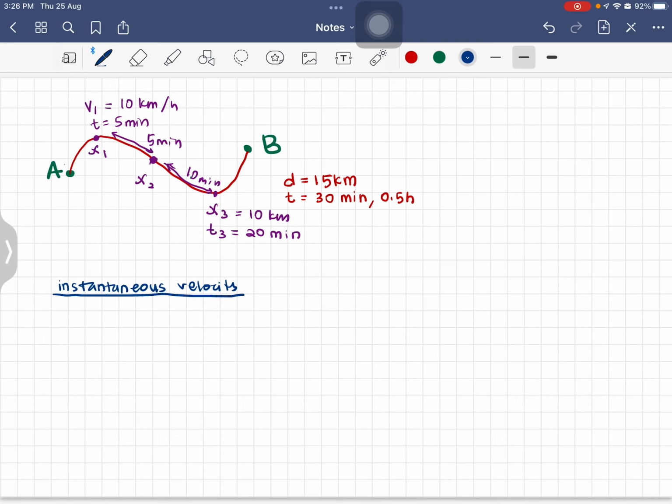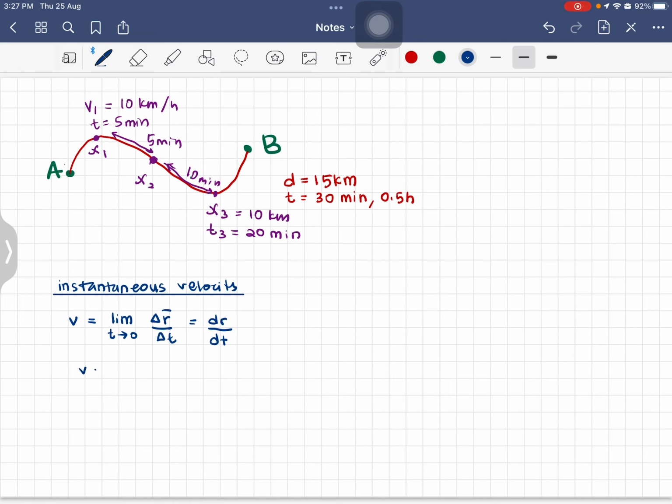By definition, instantaneous velocity, the symbol is V, is equal to the limit as time approaches 0 of delta R over delta T. Or you can have V equal to the differentiation of dr over dt.